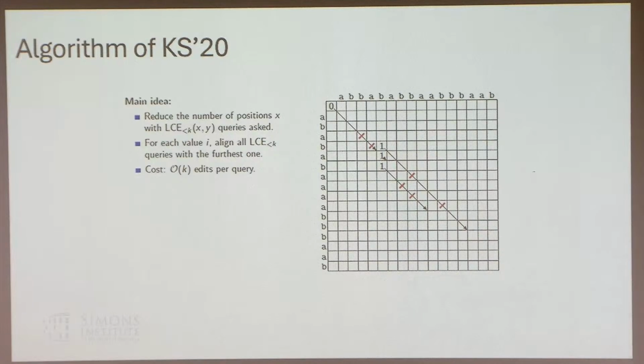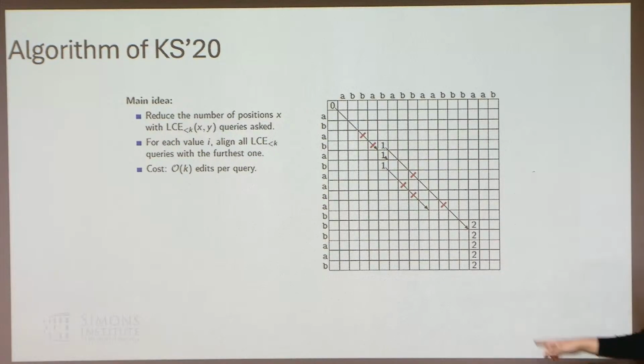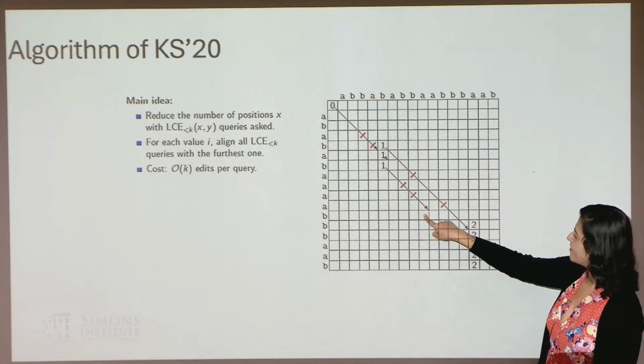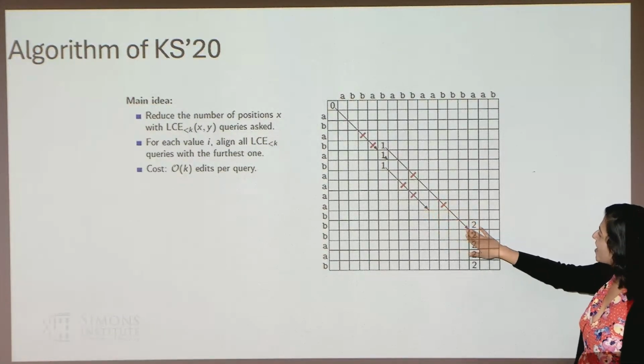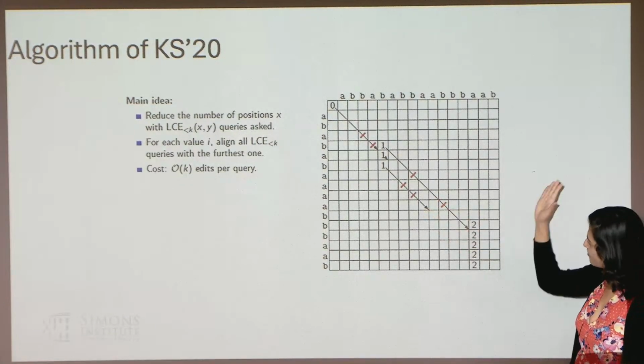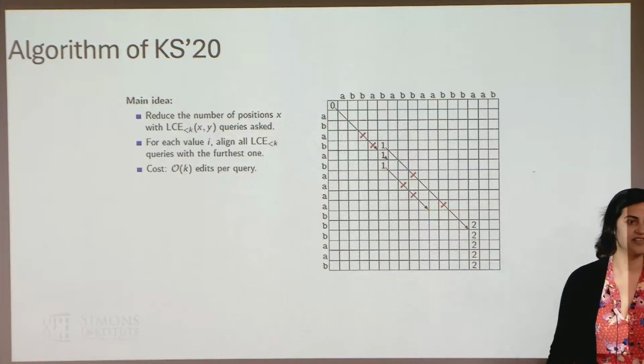Similarly over here, instead of doing an LCE query from all these paths, I will see where I can go the farthest using these diagonals, and only from there I will do one LCE query.